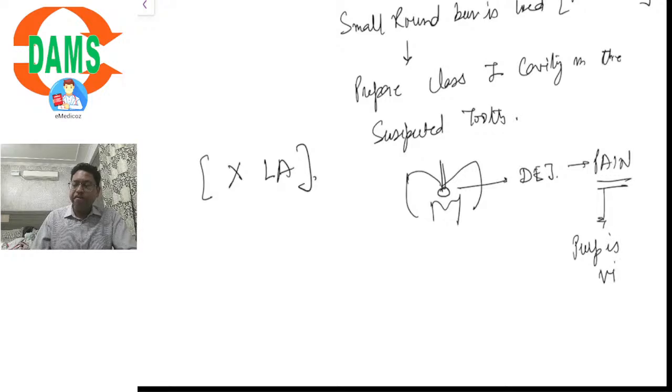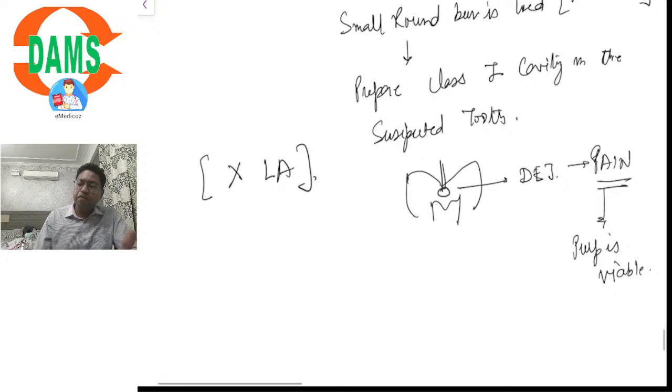I am saying viable. I am not saying the pulp is vital because we are not able to gauge the blood circulation of the pulp. Presence of pain simply indicates there are viable sensory nerve fibers present in the pulp, and we have to do further testing or wait and watch to ascertain the pulpal status.